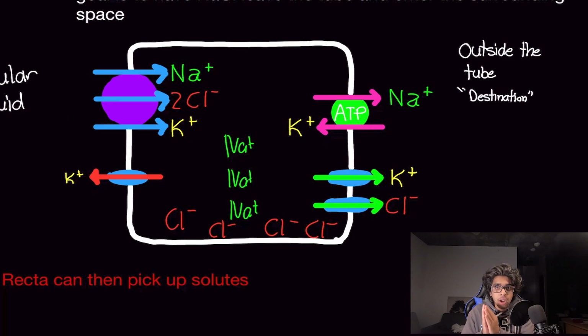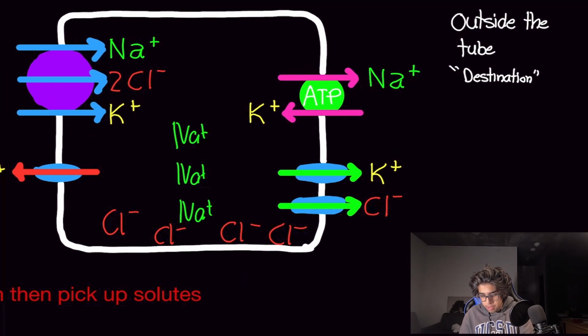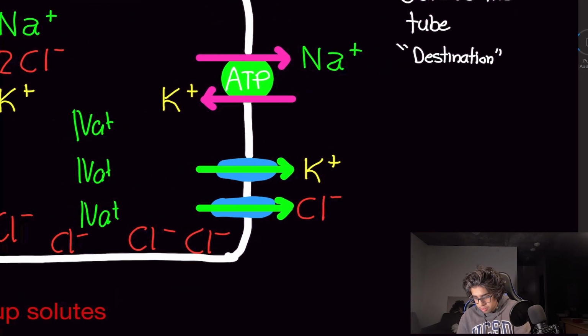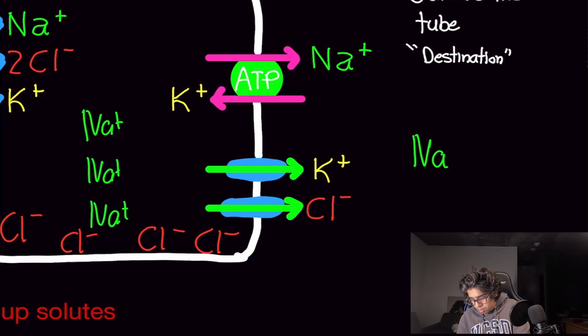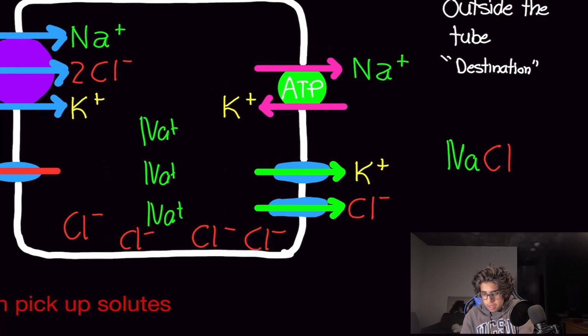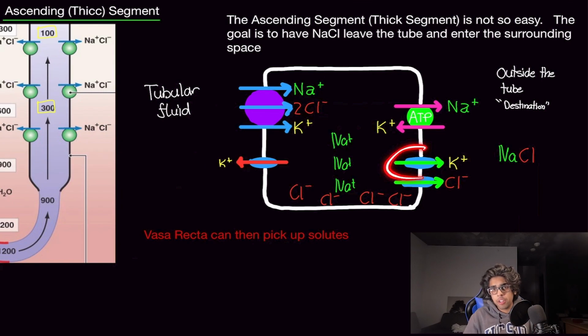They're best friends. I've told you this before in the last video. Sodium and chloride are best friends. Wherever sodium goes, chloride's going to follow. So chloride has its own pump. It's going to join sodium on the outside. So we're going to create sodium chloride. That's our salt. Okay? And potassium is also going to leave and join the outside, just cause.